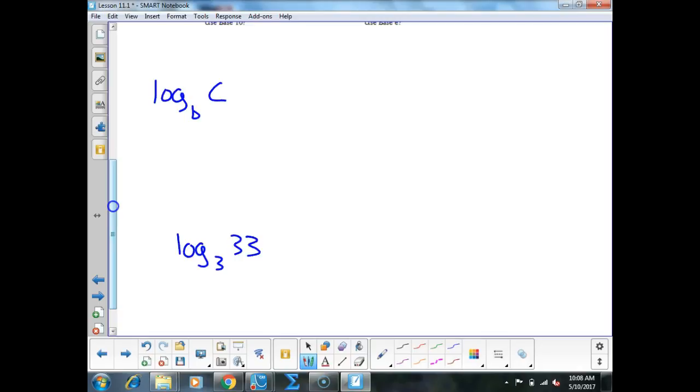Okay? How this works is this is equal to, and you've got two choices here. Your first choice is it could be log of C divided by log of B using common logs, log base 10. Okay? Or, if you don't like using common logs, it could be the natural log.